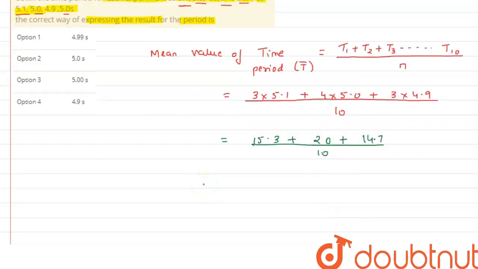Therefore the final answer, t bar, is 50 divided by 10, so we can write this as 5.0 second.